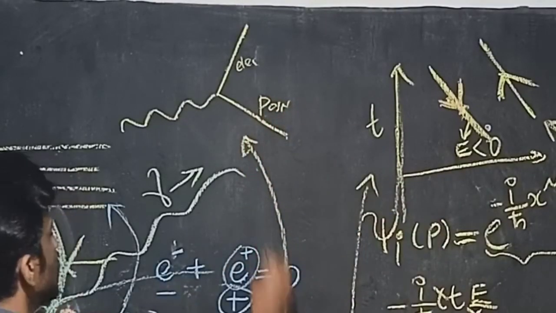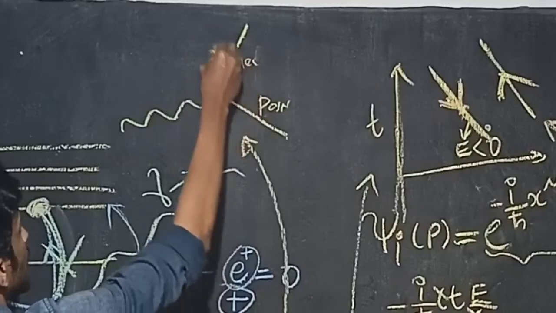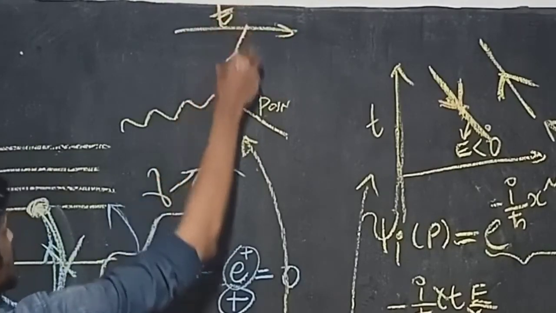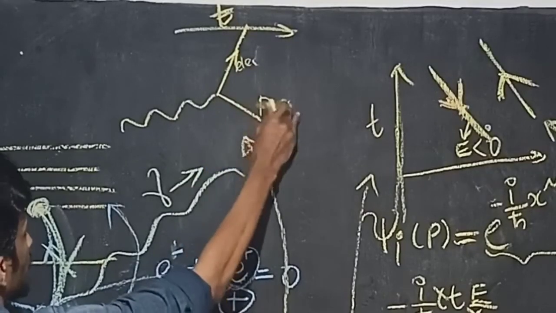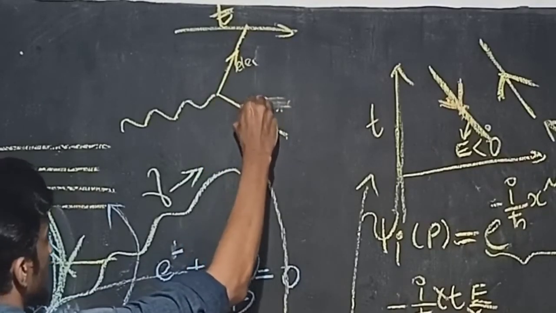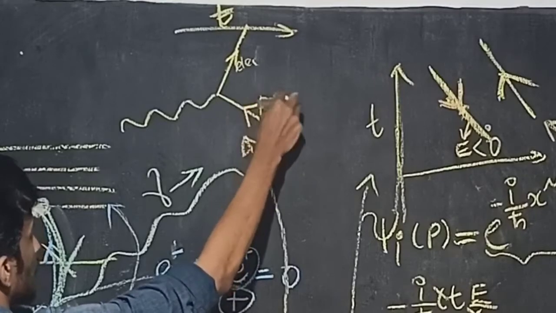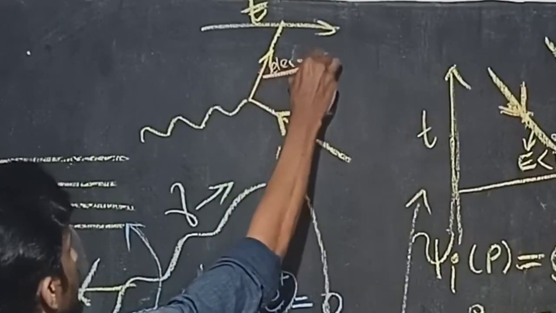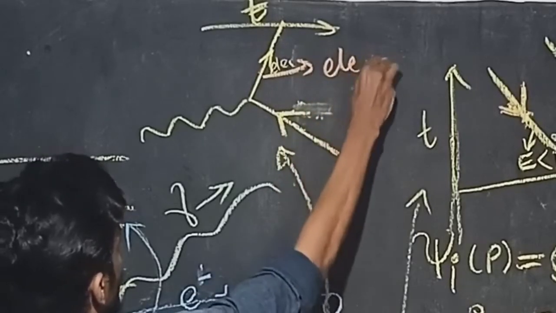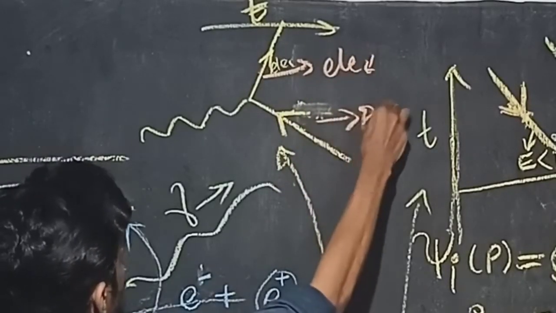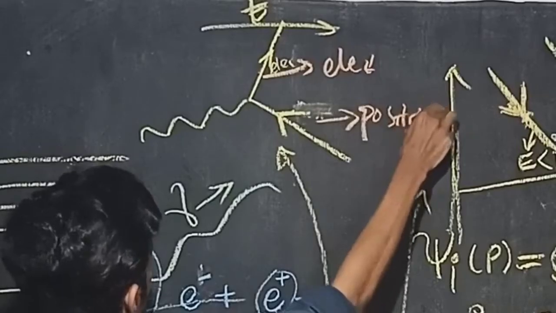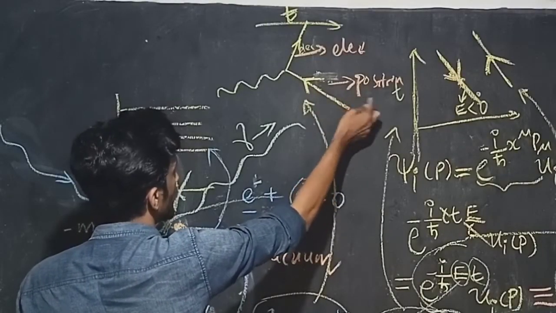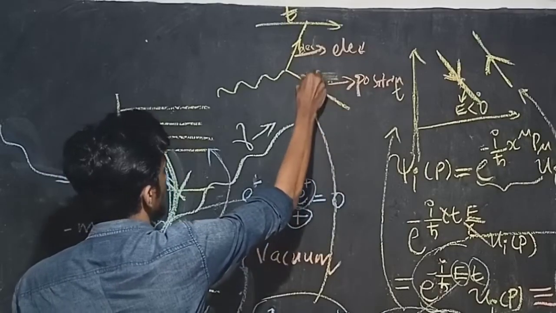Using that arrow convention, this is an electron and this is the time direction. So this positron can be represented by a particle or electron traveling backwards in time. This is the electron and this is the positron, and this positron travels forwards in time. So this can be equivalent to an electron that travels backwards in time.